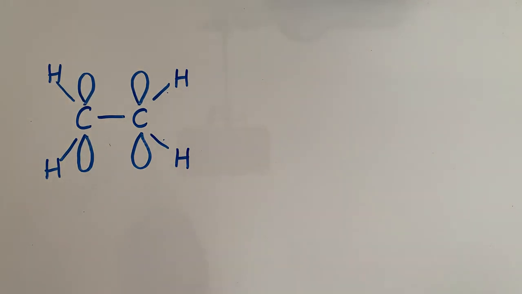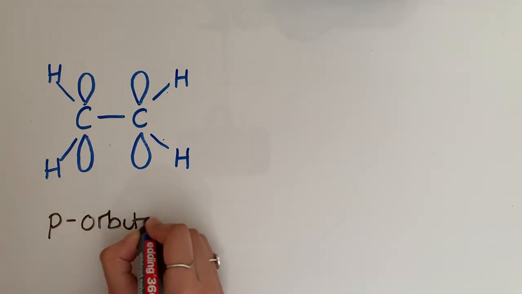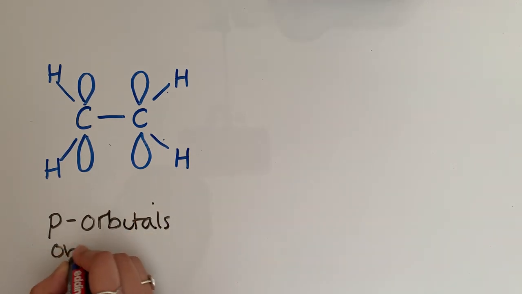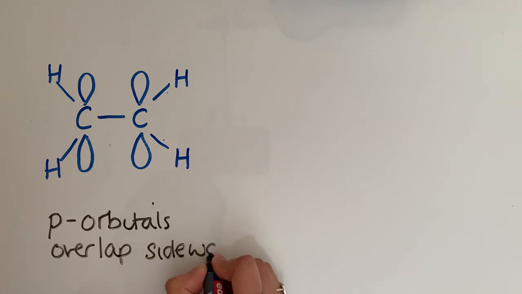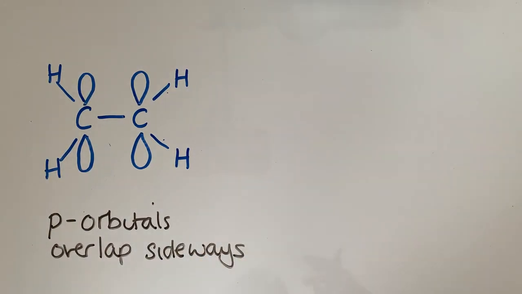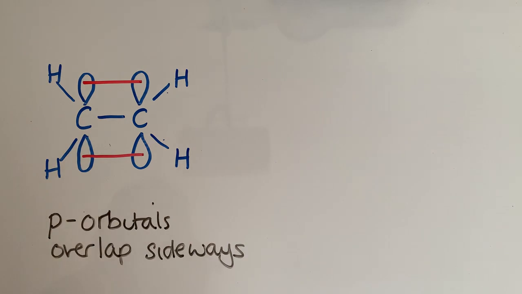These p orbitals are going to overlap sideways. So I'm just going to write that underneath because it's an important phrase to know. The p orbitals overlap sideways. And this is the phrase that you'd have to use in the exam to show this bond being formed. So the p orbitals overlap sideways. I'm just going to show that by overlapping it with a line.